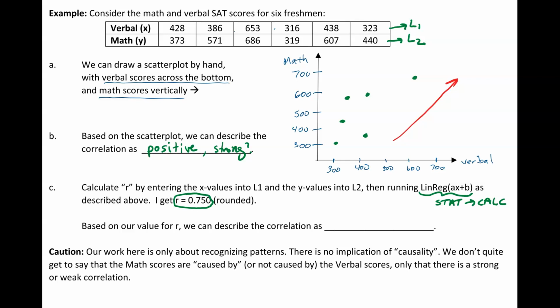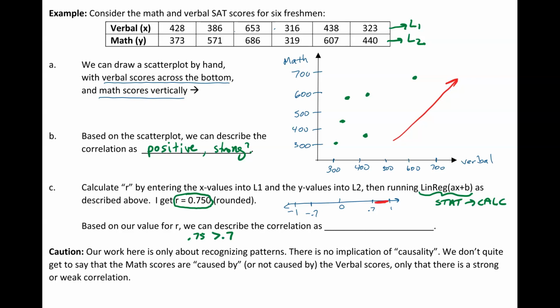So based on this value of R, since 0.75 is greater than 0.7, so thinking about that number line that I talked about, 0 in the middle, 1 and -1 at the extremes, if we are closer over to the extremes than 0.7, either on the positive side or it could have been on the negative side, right?